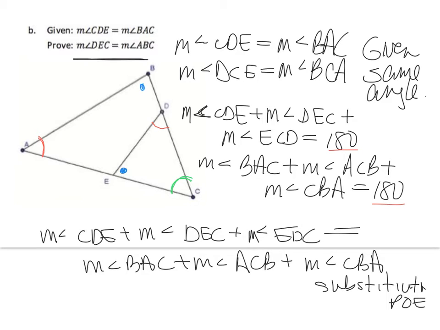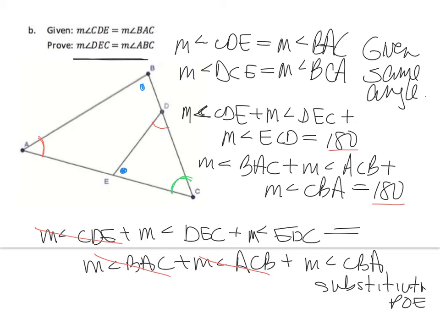Okay, now we're going to subtract some stuff. We know that CDE is equal to BAC, and we know that DCE is equal to BCA. BCA is right there, and DEC, I don't see. Where did we lose DCE? Hold on. Let's find DCE. It should be somewhere in this one right here.